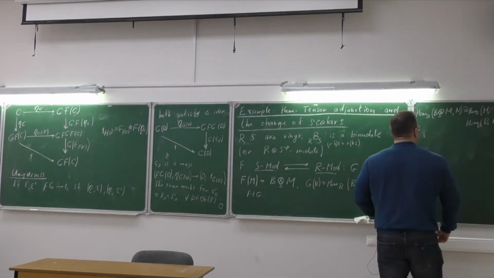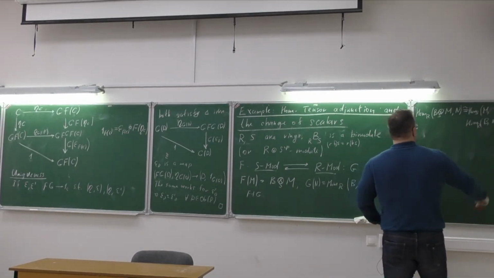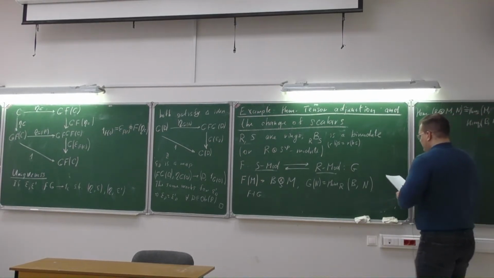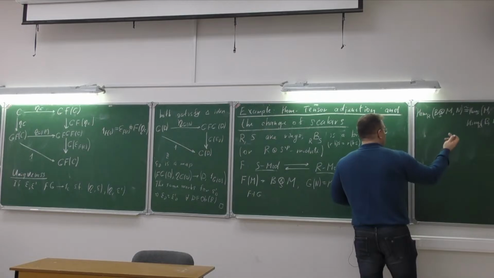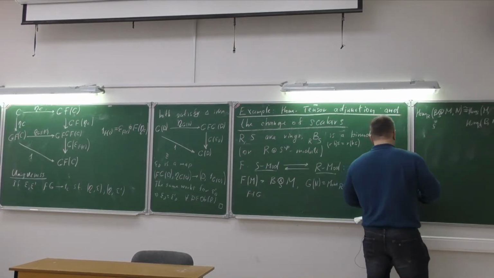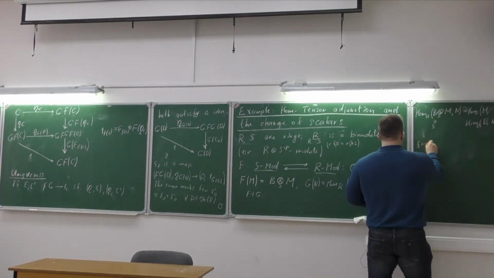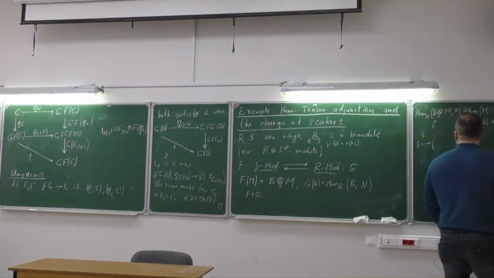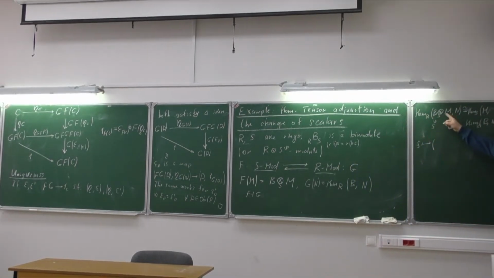And if we want to see why there is such an isomorphism of two Homs, it's easy to come up with explicit formulas. So for example, if you take F to be in the Hom on the left, you just take this F and send it to the following. From this F, which is some homomorphism of R-modules, I'm supposed to get a homomorphism in this kind of modules.